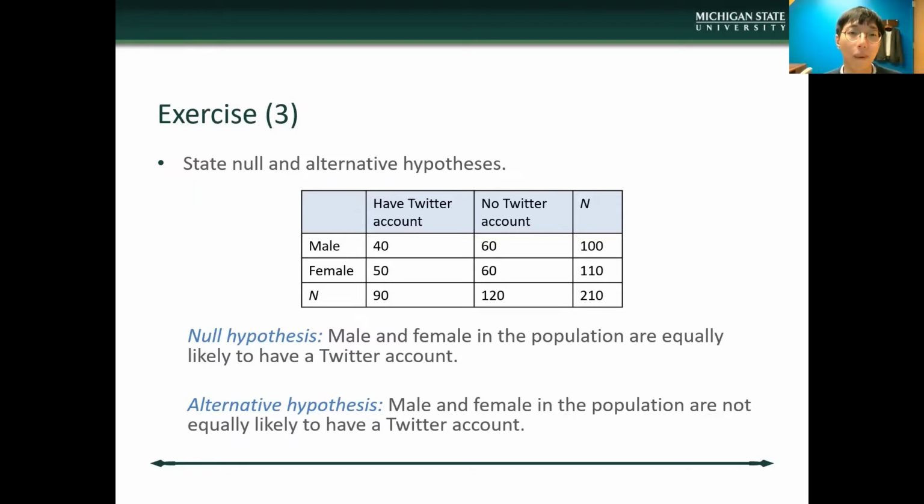In this example, the null hypothesis is that male and female in the population are equally likely to have a Twitter account, which means that the probability that males have a Twitter account is the same as the probability that females have a Twitter account. However, the alternative hypothesis is that male and female in the population are not equally likely to have a Twitter account. So in this way, we first state a null hypothesis and alternative hypothesis.